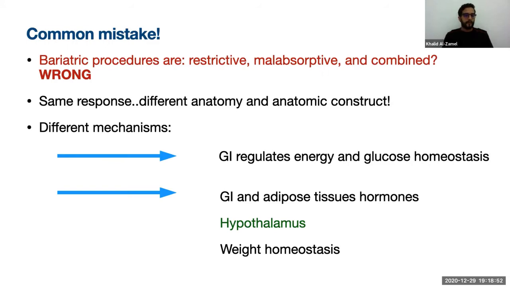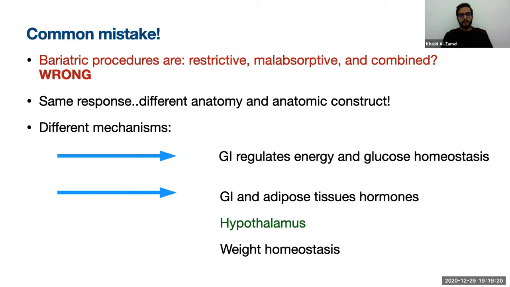So, for example, the recent advances in research found that the GI regulates the energy and glucose homeostasis. The GI and adipose tissue hormones, as we will see after, interact at the level of the hypothalamus to regulate the weight, energy intake, energy expenditure, and the food intake.